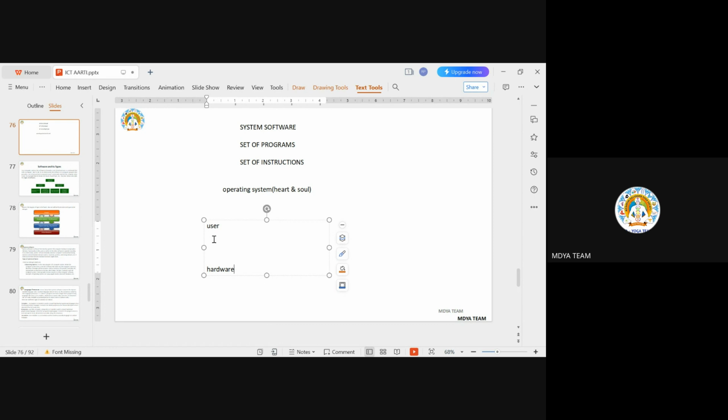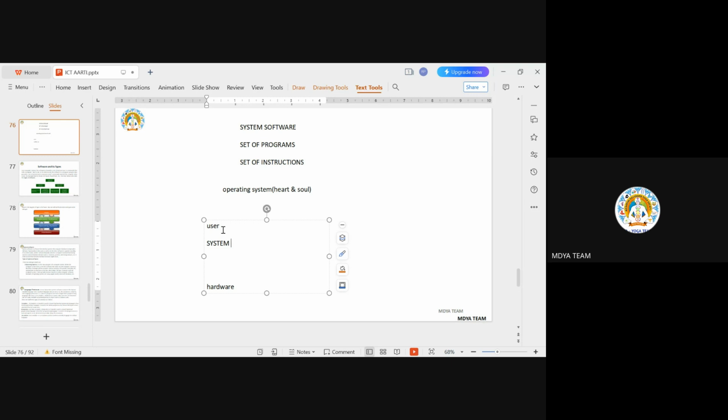So users can't directly interact with the hardware. There are some layers between the user and the hardware. The first layer is the system software.